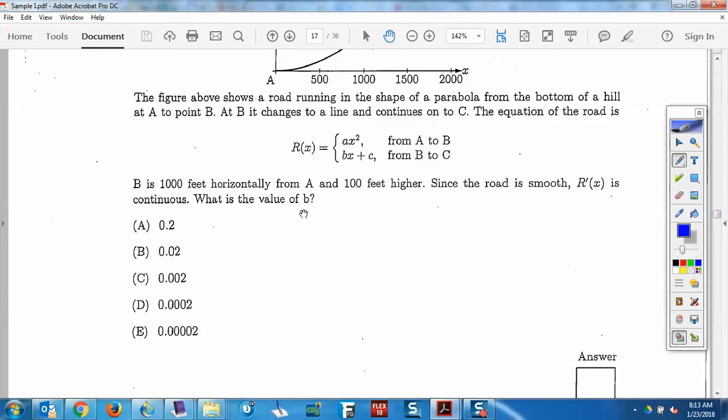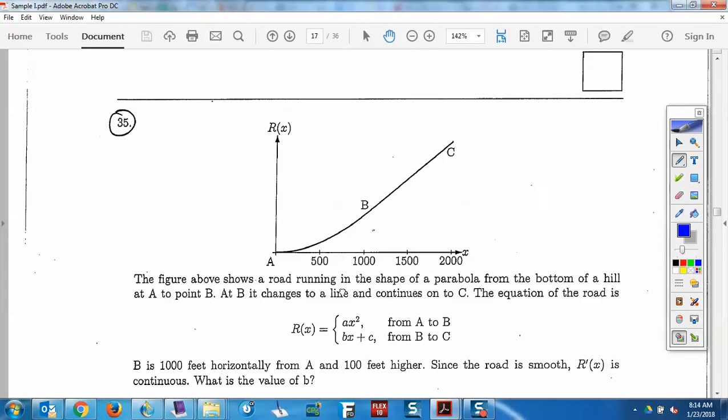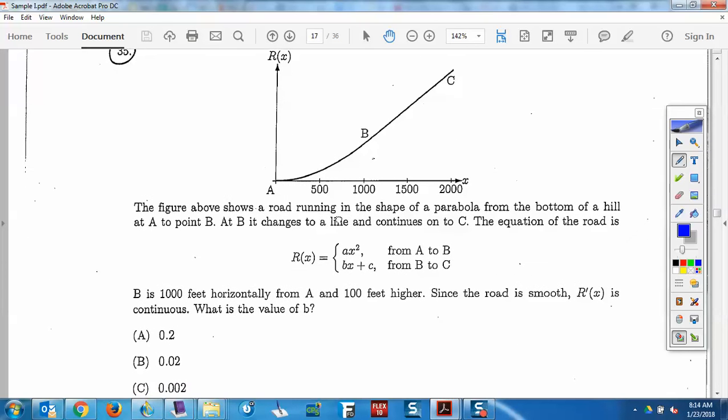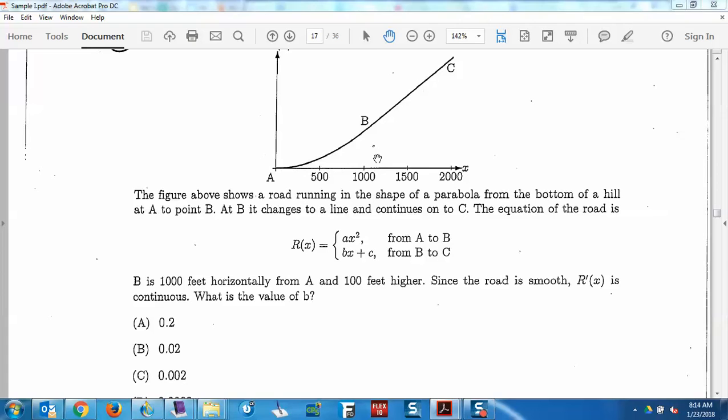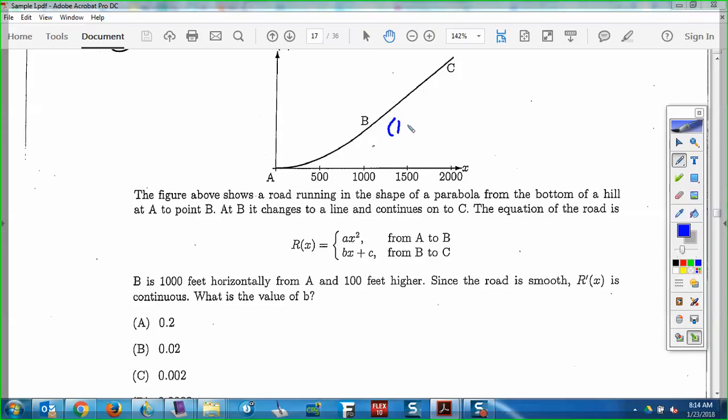All right. So anyway, is this the one right here, down? Yeah. Okay. So this shows a road, it's a line first, it's a parabola first until point B. They tell you that point B is basically the point 1,000, 100 right here.